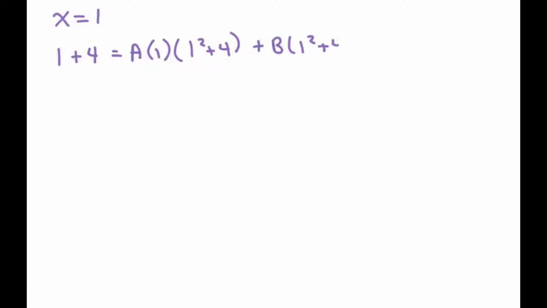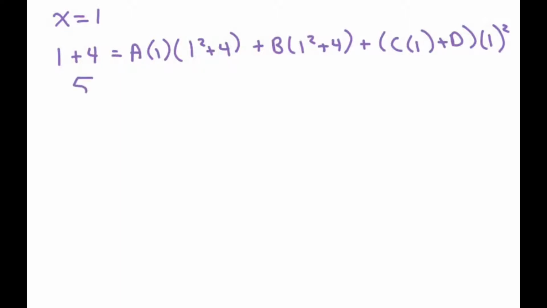All right, the next ones aren't as easy. We are going to have to do a system of linear equations. So let's let x equal 1. I plug everything in. We're going to get 1 plus 4 equals A times 1 times 1 squared plus 4, and then we have B times 1 squared plus 4, then plus C times 1 plus D times 1 squared. You see why 1 works nicely, because it makes it easier when simplifying.